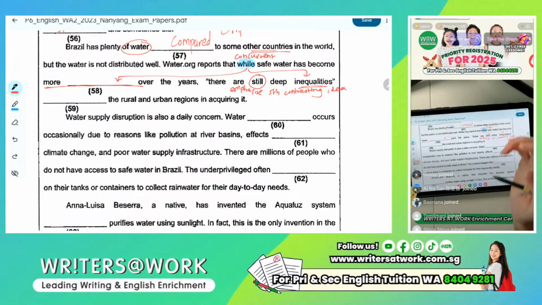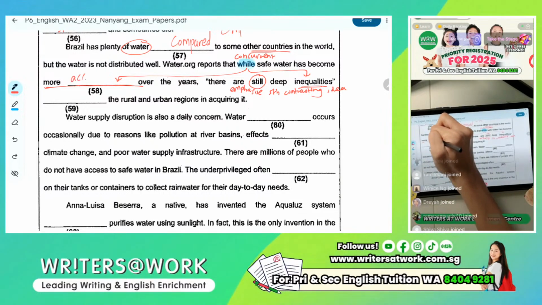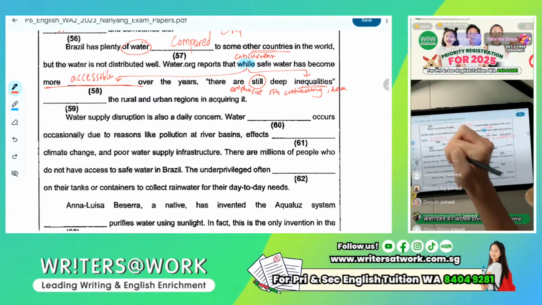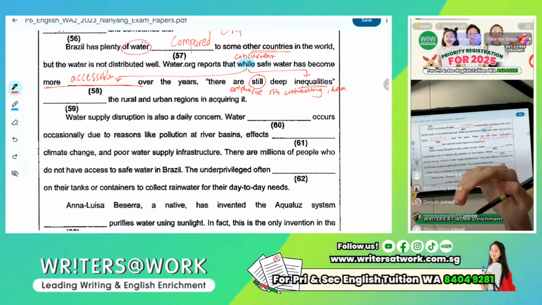Inequality means some people don't have water, some people can have a lot of water. So this refers to being able to use, and the word that we'll be looking at is accessible. That means you can have direct usage of something.